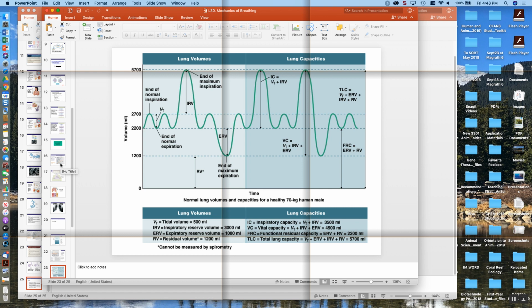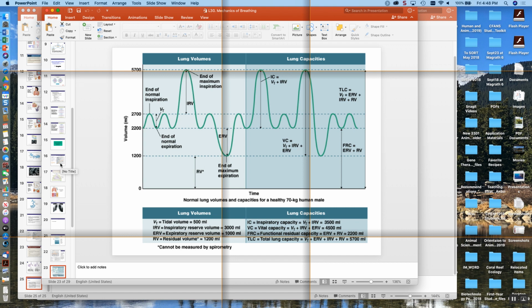Expiratory reserve volume is after a normal exhalation, you're right here. Everything that you can force out of your lungs is the expiratory reserve volume. I said this in class. Luckily for you, you still have a little bit of air in your lungs, otherwise they would collapse.